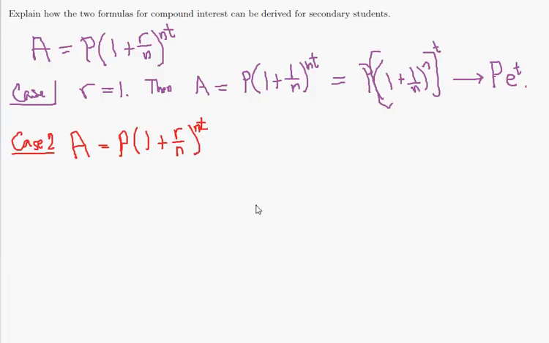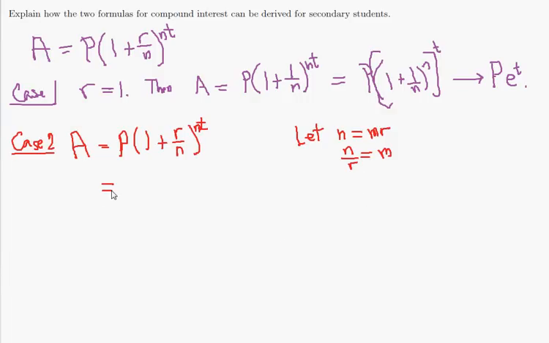And now the way that we're going to approach this is that we're going to force the inside here to look like the inside over here, where there's a 1 in the numerator. Here there isn't a 1 in the numerator, so the way that we're going to get a 1 in the numerator is by letting n be equal to m times r, so that m is equal to n divided by r.